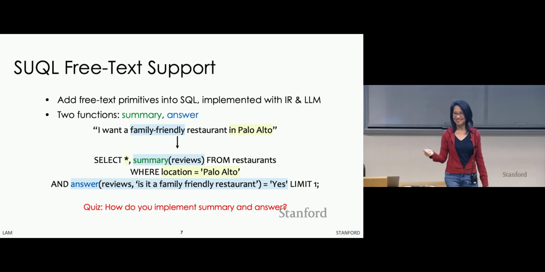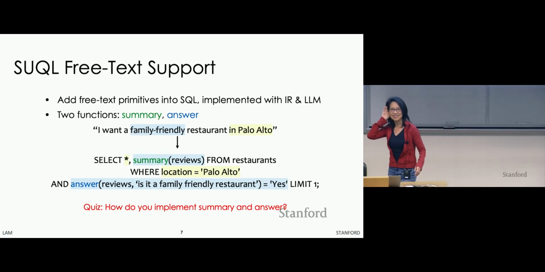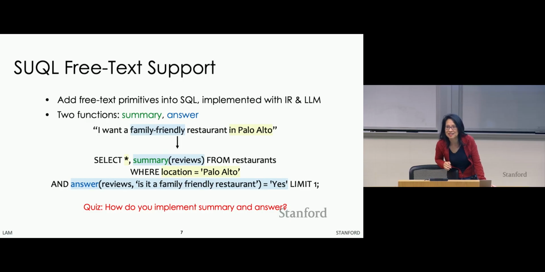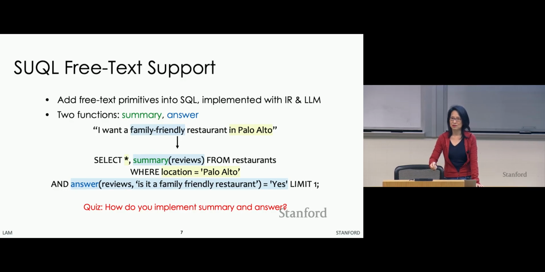You could ask the LLM to summarize just the specific text. Could you just ask the LLM to summarize the specific text? What am I giving to the LLM to summarize? Just the full text of what's in the reviews. All the reviews?